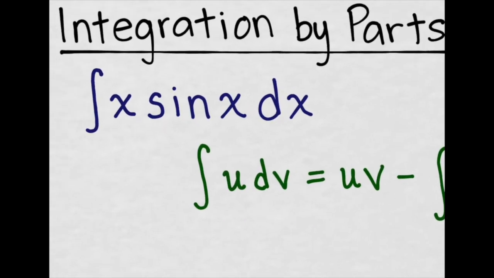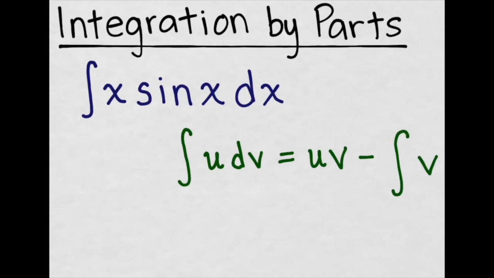If the integral is indefinite, like in this case, the final answer should include an integration constant, such as c, which is typically used for the integration constant. So let's keep that in mind.